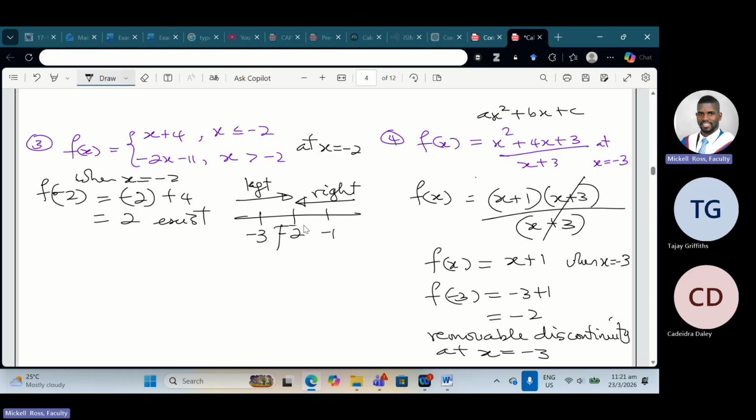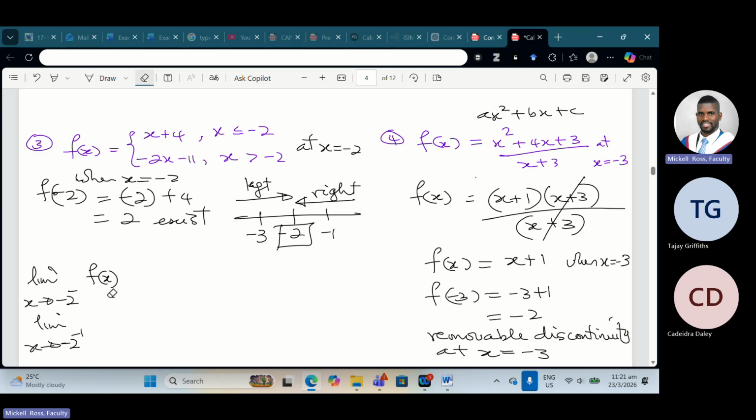If you're approaching from the left-hand side, it's the limit as x approaches negative 2 from the left-hand side of f of x.